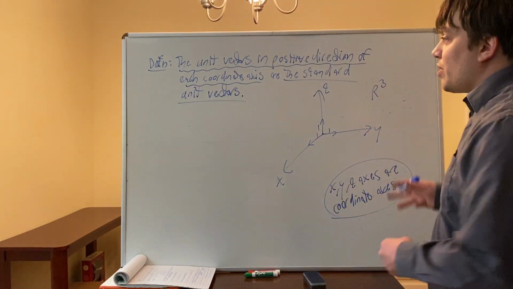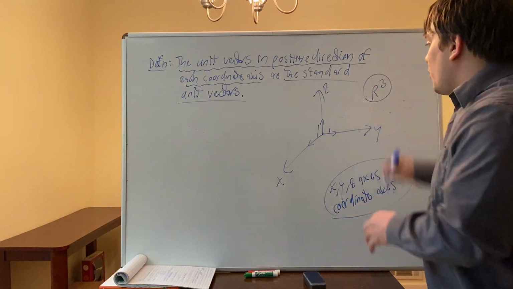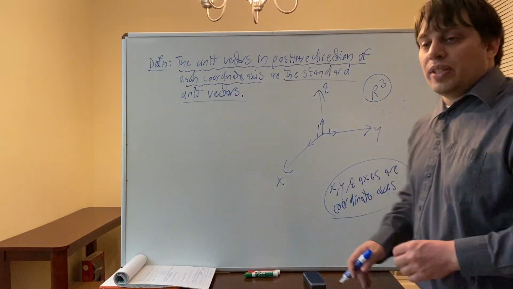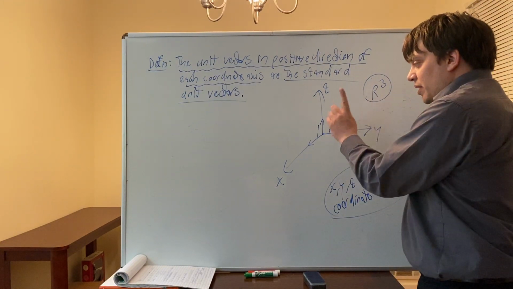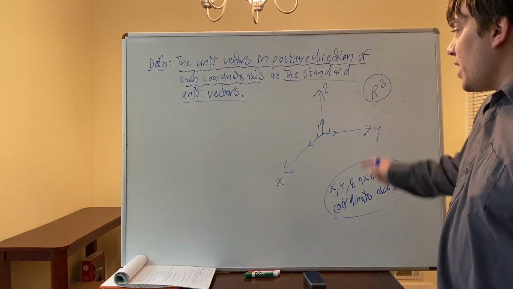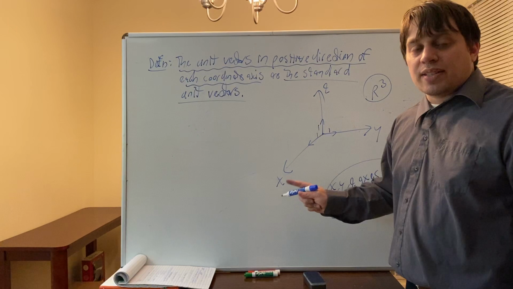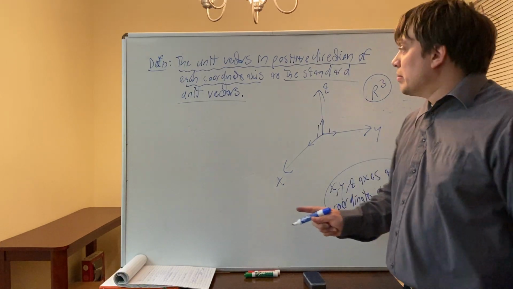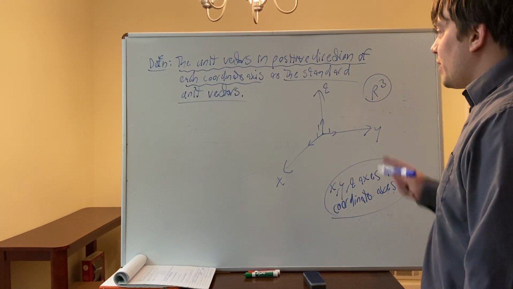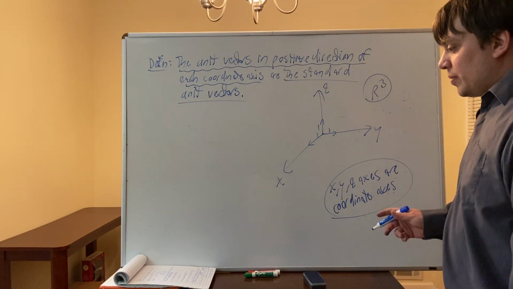So in n space, there are n standard unit vectors, and so in 3 space, R3, there are 3 standard unit vectors. There's one in the positive direction of the x-axis, one in the positive direction of the y-axis, and one in the positive direction of the z-axis. And so 3 axes, so 3 standard unit vectors. Okay, so that's the definition of the standard unit vectors for n space.